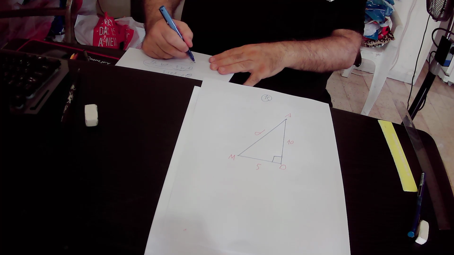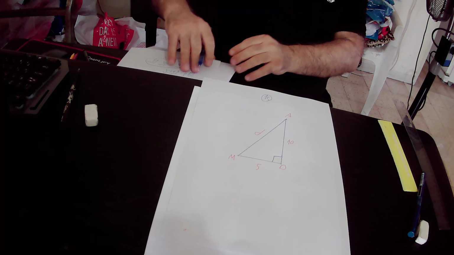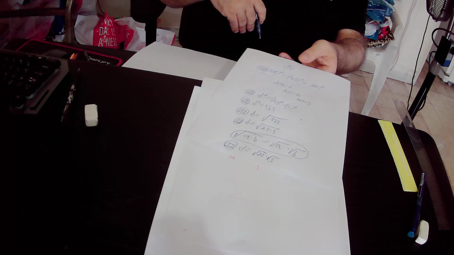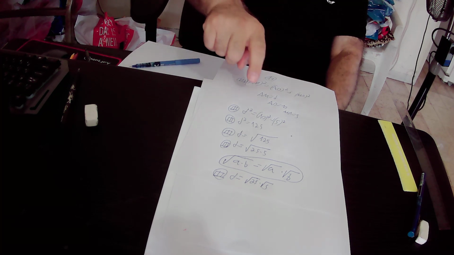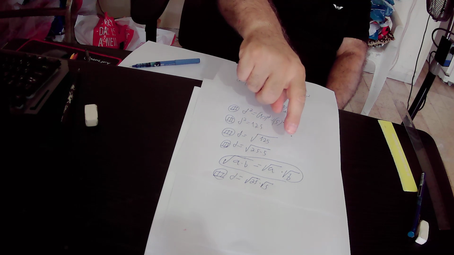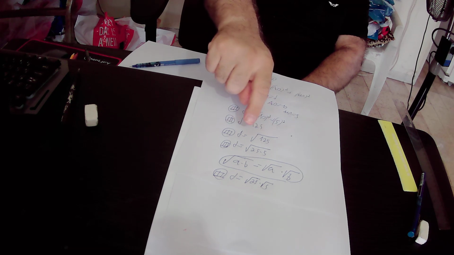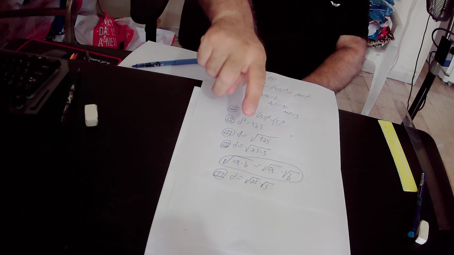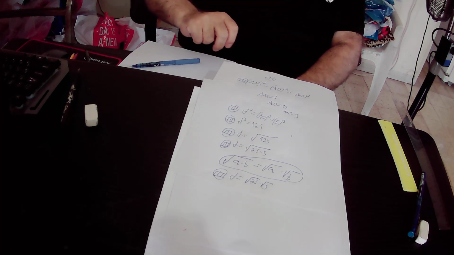You can write that d equals root 25 times root 5. So according to the rule that the root of a times b equals root a times root b, we can separate this root into two roots. So d will be equal to root 25 times root 5 according to this rule.